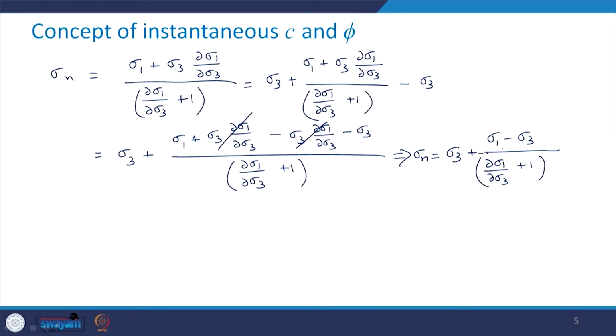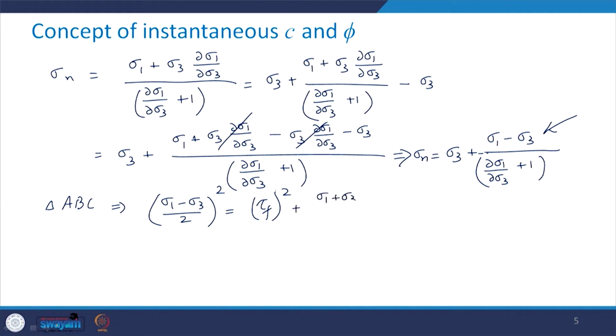Now I substitute this in the equation which we had earlier. You remember in triangle ABC we wrote (sigma 1 minus sigma 3 upon 2) whole square is equal to tau f square plus (sigma 1 plus sigma 3 upon 2 minus sigma n) whole square. So just substitute this expression of sigma n in this equation.